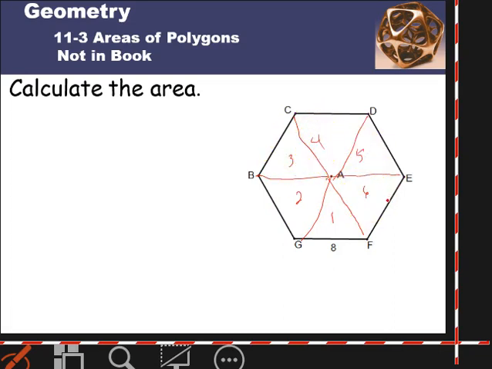So there happen to be 6 triangles here. So if I find the area of one of the triangles, then I would multiply that by 6 and I could find the area. So that's one way of doing it.